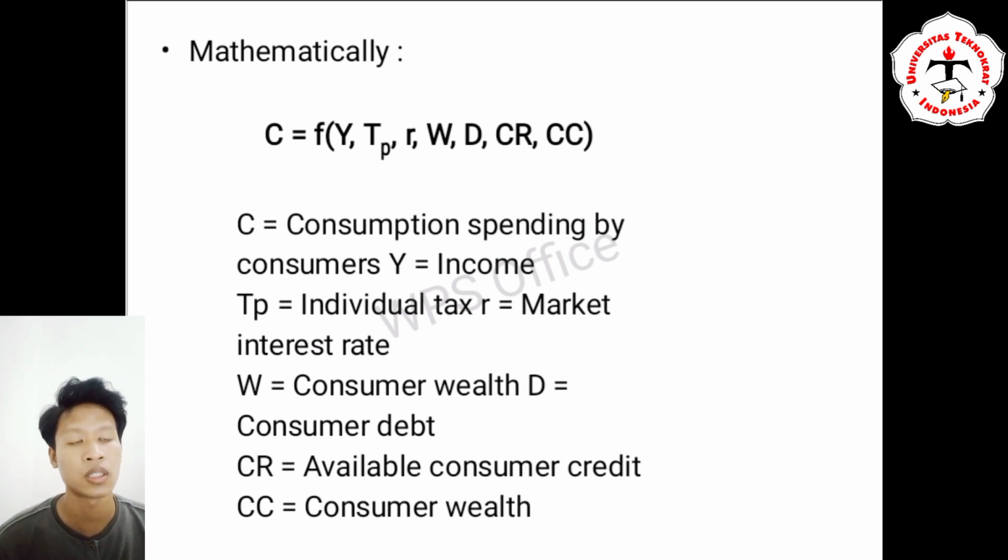C is consumption spending by consumers. Y is income. TP is individual tax. R is market rate. W is consumer wealth. D is consumer debt. CR is available consumer credit. And CC is consumer confidence.